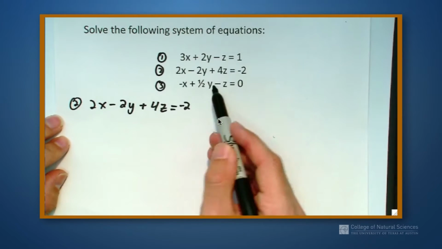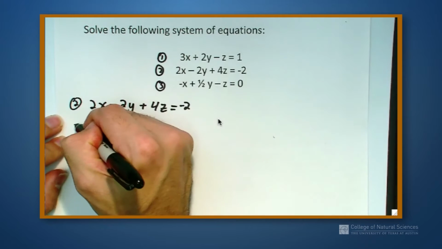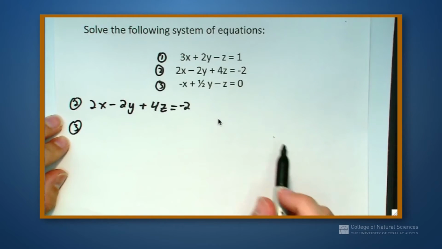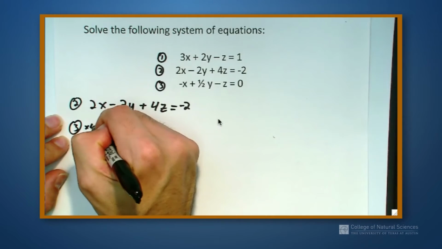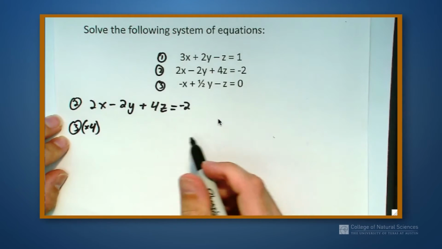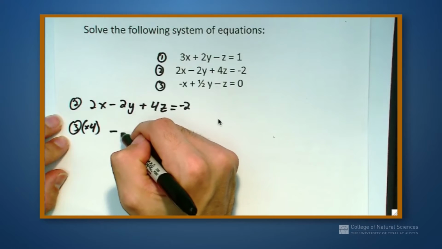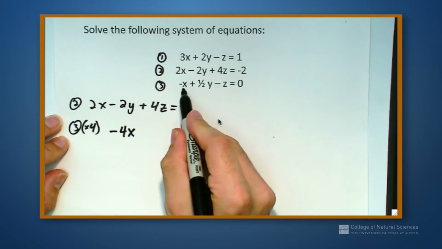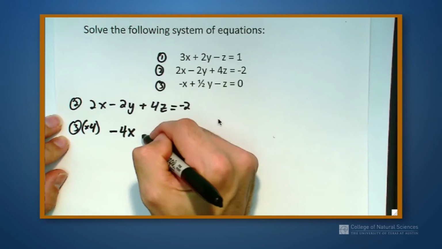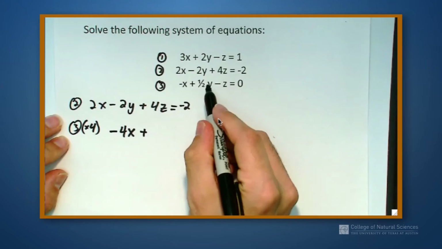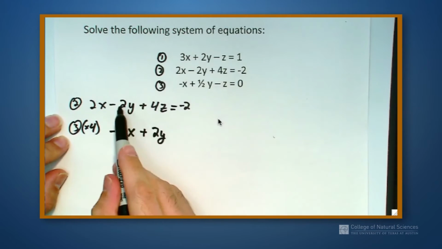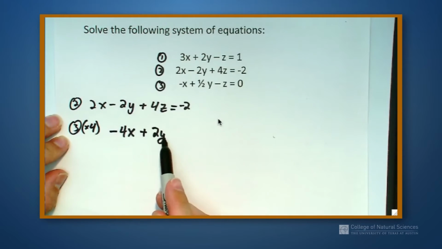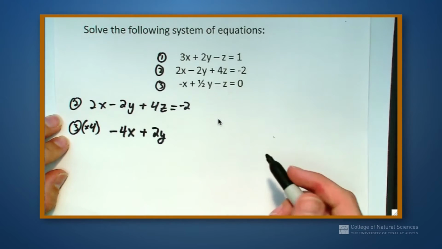Let's do the hard one first. So I'm going to write down equation 3, but I'm going to multiply through by a factor of 4. So that's minus 4x, 4 times minus x, plus 2 times y. Well, this is nice. I have a negative 2y here and a 2y there, so that's going to be nice to cancel out.